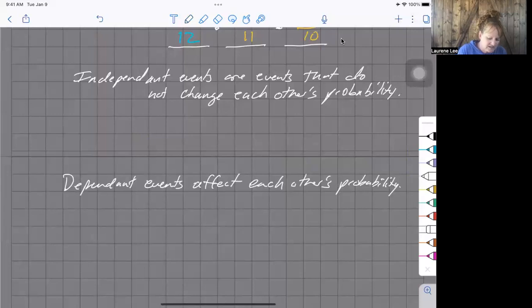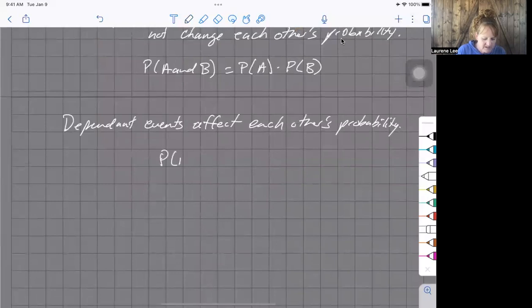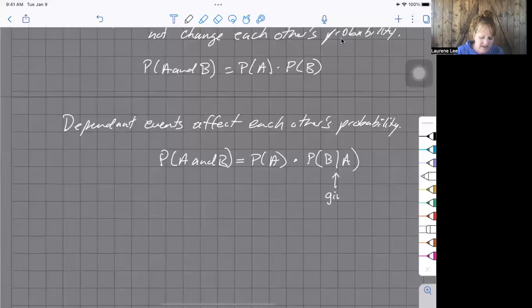If I have independent events, the probability of A and B happening is just what I wrote before, probability of A times probability of B. But if they're dependent, the way we write that is the probability of A and B equals the probability of A happening times the probability of B given A. That's what this vertical line right there means, given that. So B given that A occurs.